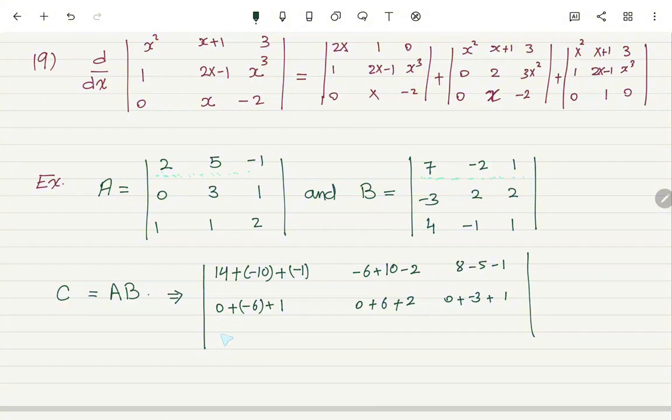And the third row of determinant C: 1 times 7, 7, 1 times minus 2, minus 2, 2 times 1, 2. And 1 times minus 3, it's minus 3, 1 times 2 is just 2, 2 times 2, it's 4, and again 1 times 4, it's 4. 1 times minus 1, 2 times 1 is just 2.